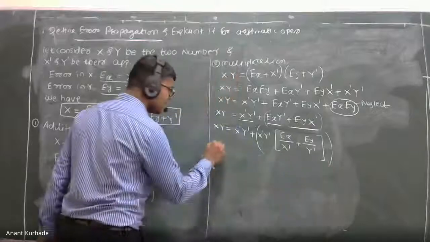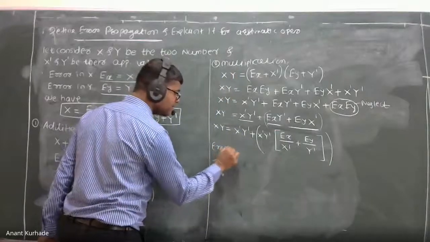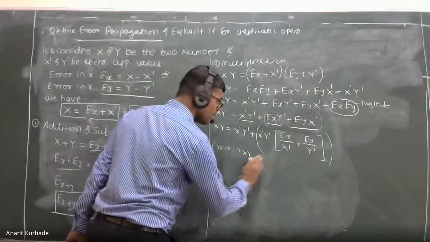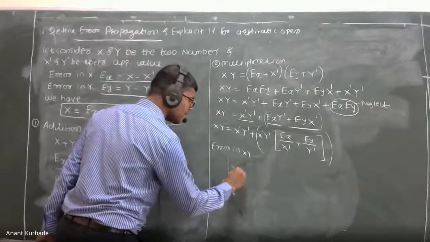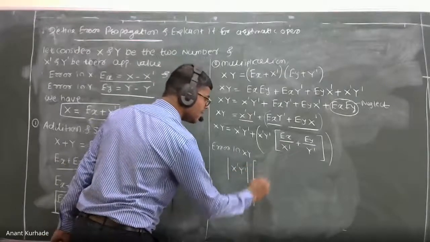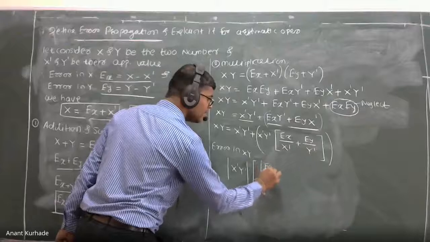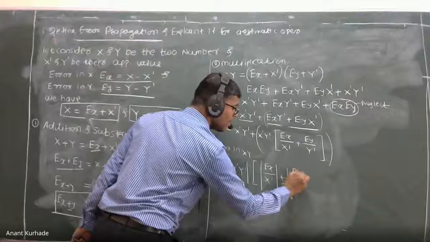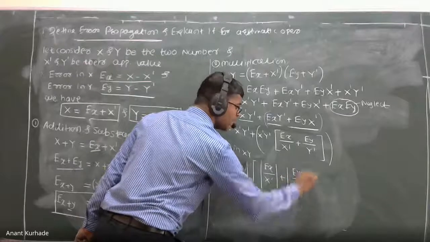Then you can write error in multiplication: error in xy is equal to mod x dash y dash into bracket mod ex divided by x dash plus mod ey divided by y dash.